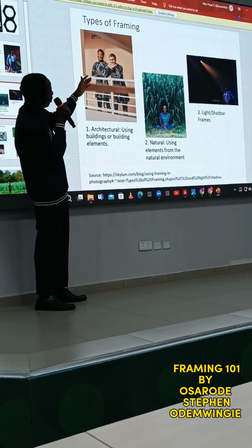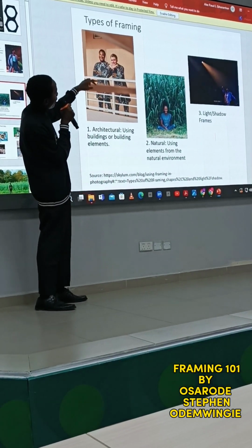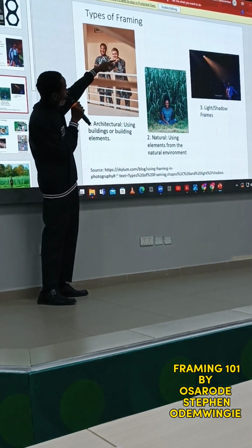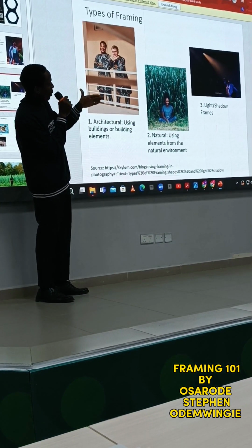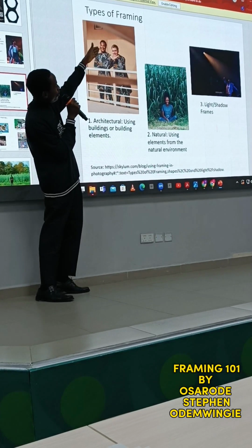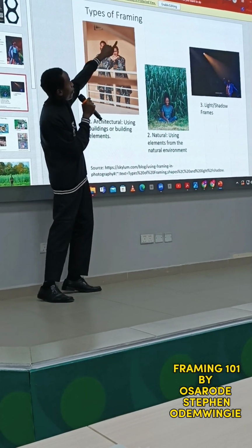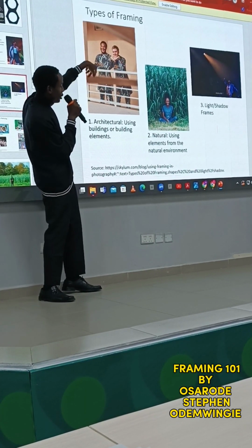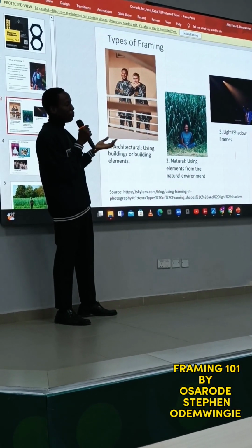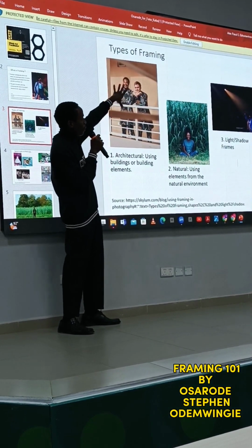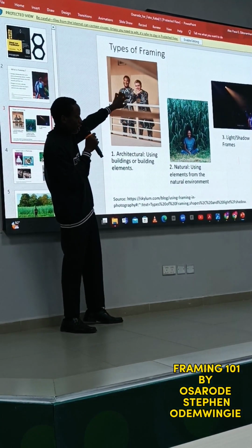In this first photograph, we have these iron bars. I placed my camera in between these two bars and framed the subject in the bars. Architecture is just a word, really, because I'm using part of the building to frame the subject.